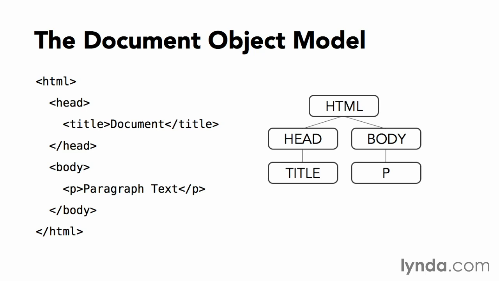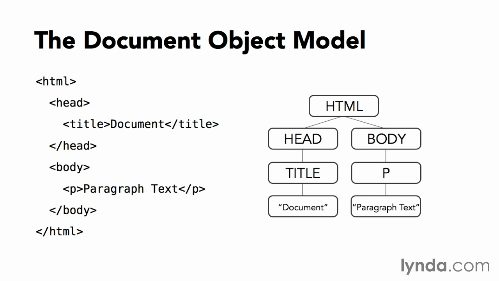And so far we've talked about tags, but the actual text content of these tags are themselves nodes. So inside the title tag, you have a text string called document, and inside the paragraph, you have a text string which has the value paragraph text. So each one of these is a node in the document. And we can express the relationship between these nodes using familiar family names.